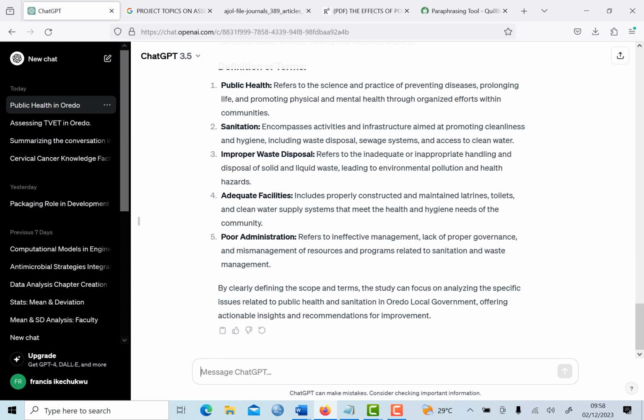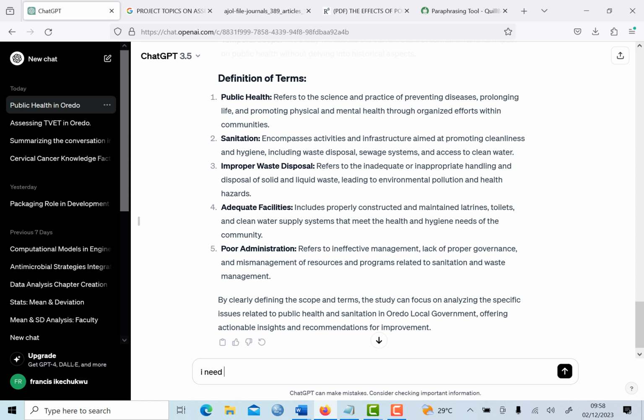I think I need the significance and scope in a prose form without subheadings.